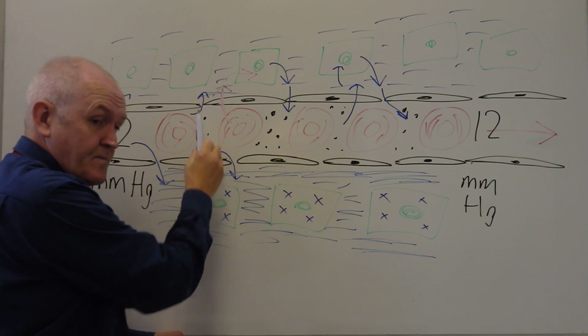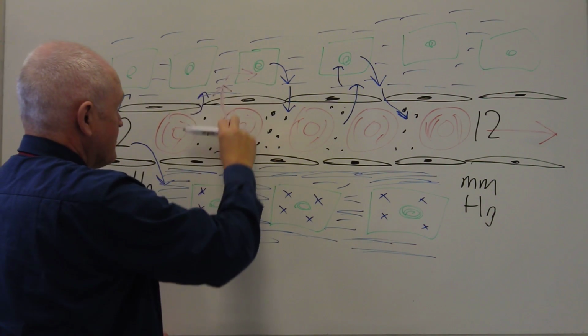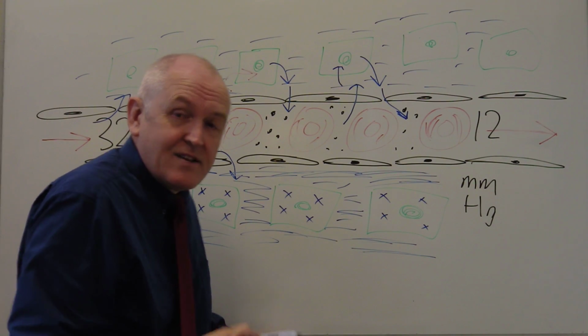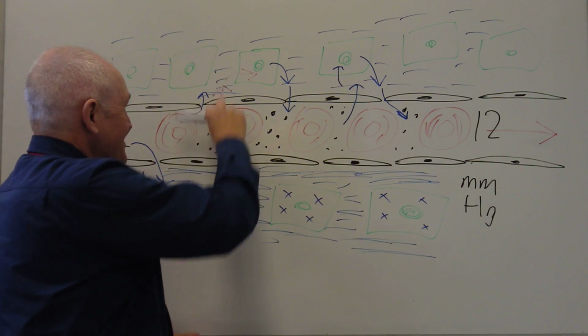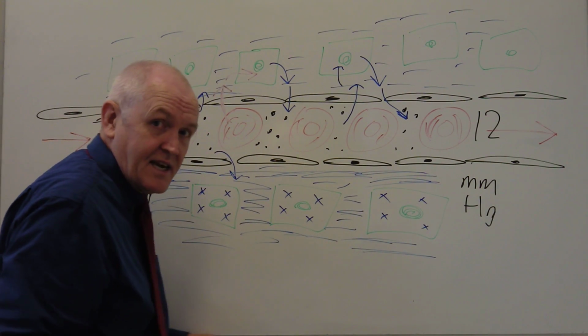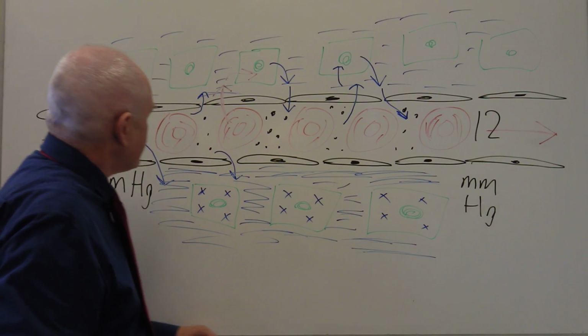And because the gaps between the endothelial capillary cells are small, the proteins don't get out. Because the proteins are big molecules, they don't get out. So the little water molecules can get out, sodium ions, potassium ions and chloride ions can get out.